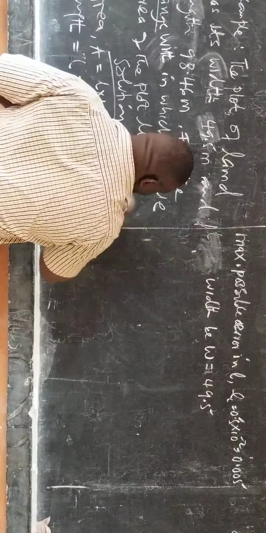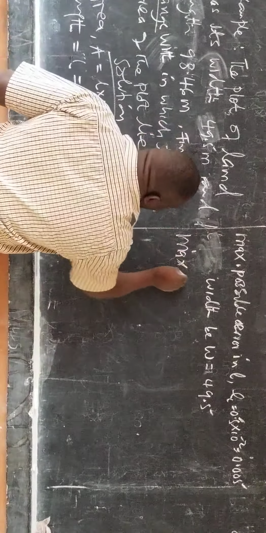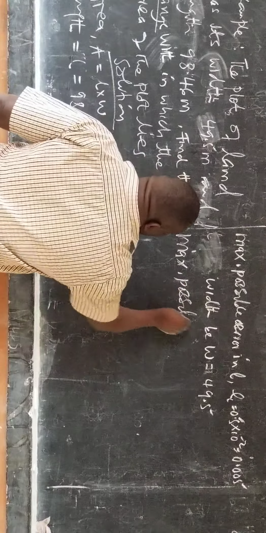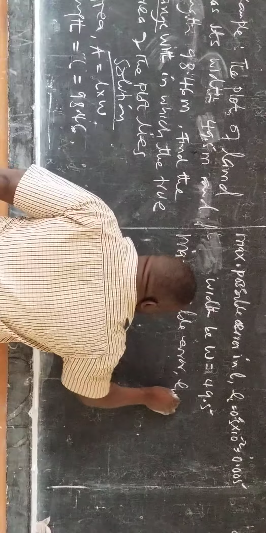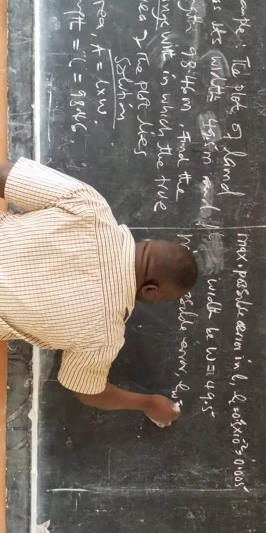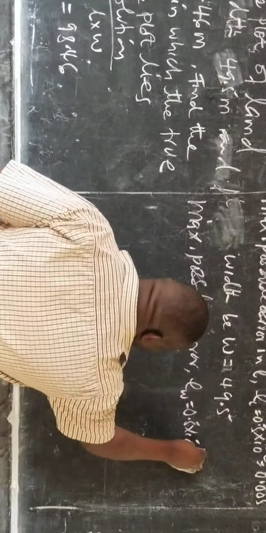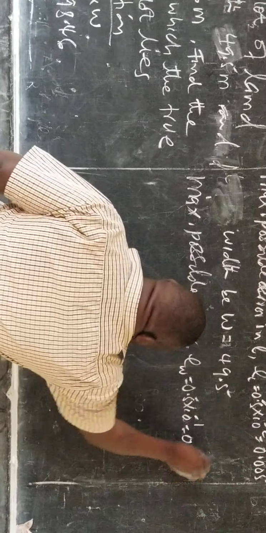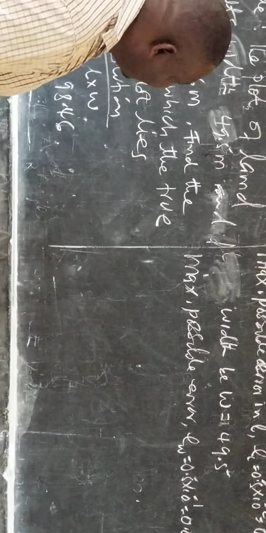So the maximum possible error in the width, we can call it E_W, and this has one decimal place, so it is 0.5 times 10 power negative 1, and this is 0.05. That is the maximum possible error which is made in the width.